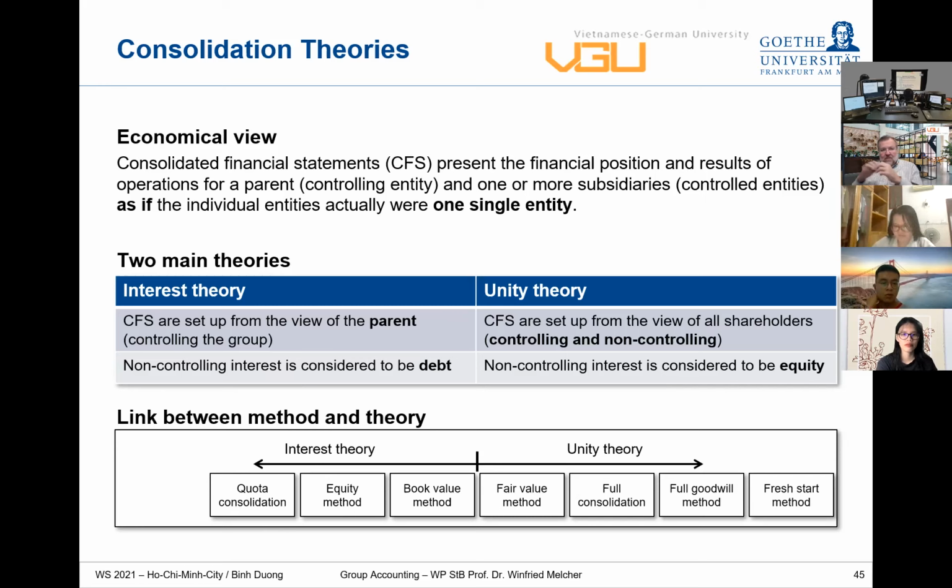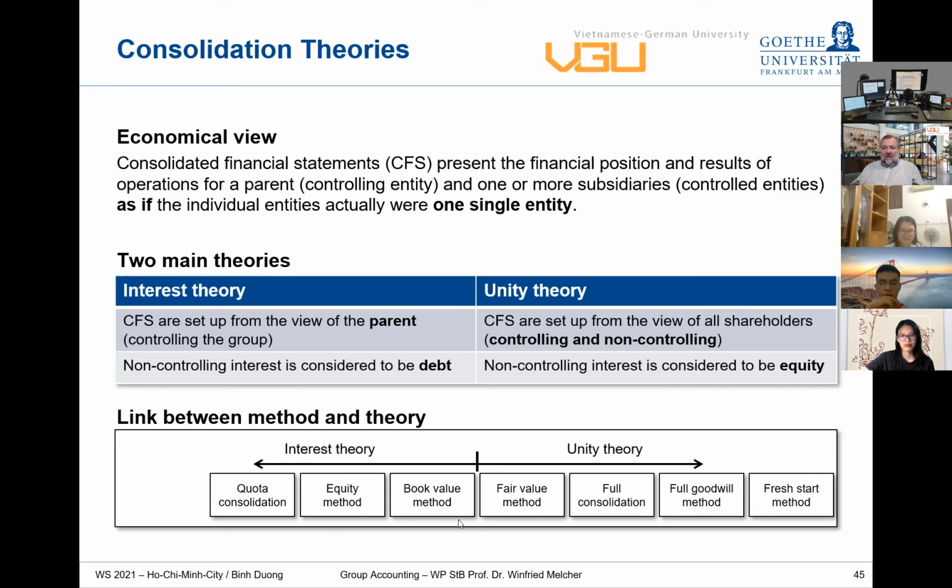So basically you split the consolidation, and if a parent has, for instance, 70%, and you would follow the quota consolidation, which is a theoretical consolidation method, then maybe you would split 70% to the controlling shareholders and 30% to the non-controlling shareholders. That would be the idea of the interest theory.